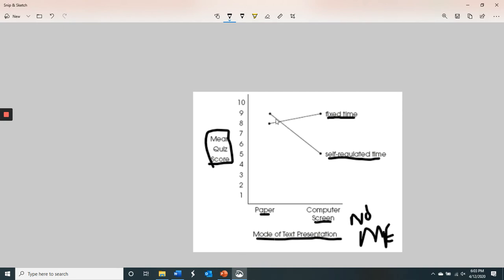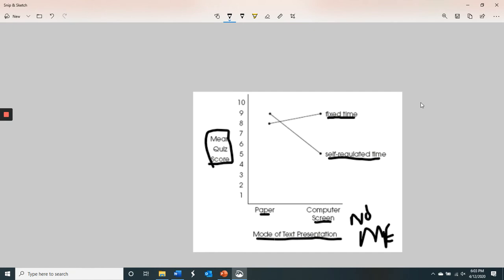And again, all I'm doing is looking at papers over here. And if we looked at fixed times versus self-regulated, the average would be right here between these two dots. And then computer screen, the average would be about right here. So we're looking at this difference. Probably not a big difference. And so I'd say that there's no main effect.